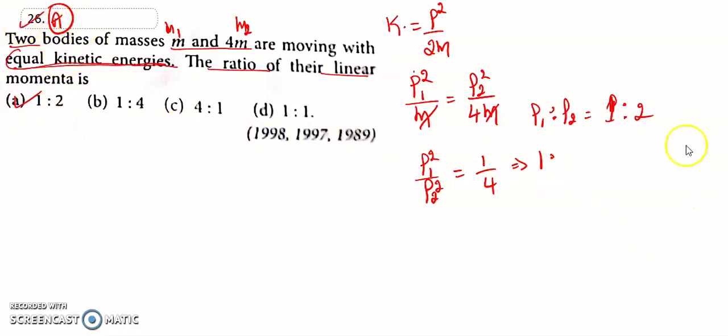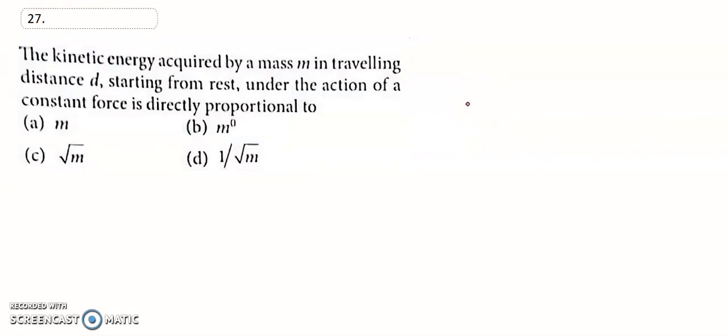So let's move to the 27. Ready? The 27th question: the kinetic energy acquired by the mass m in traveling a distance d, starting from rest under the action of a constant force, is directly proportional to what?